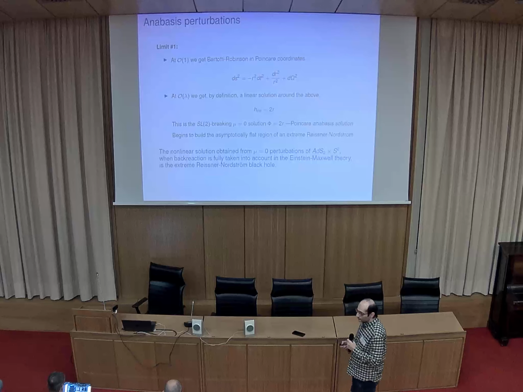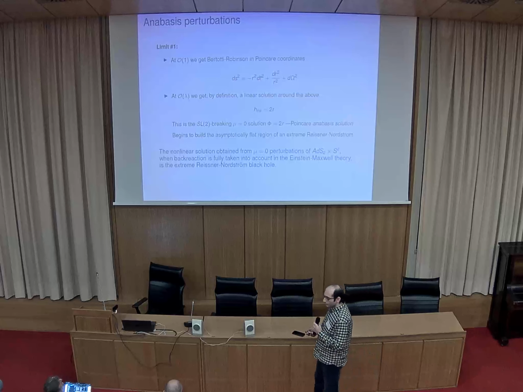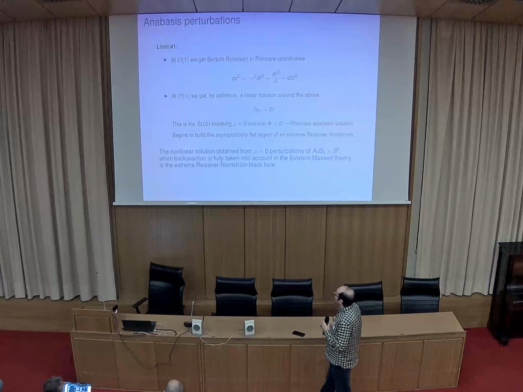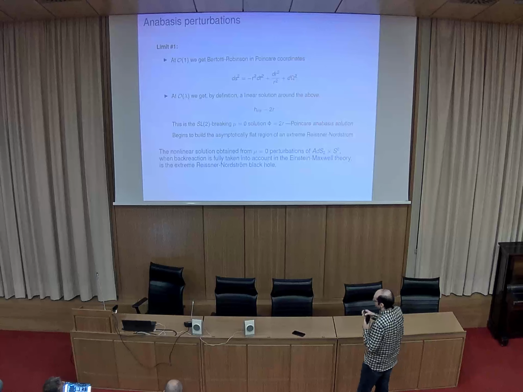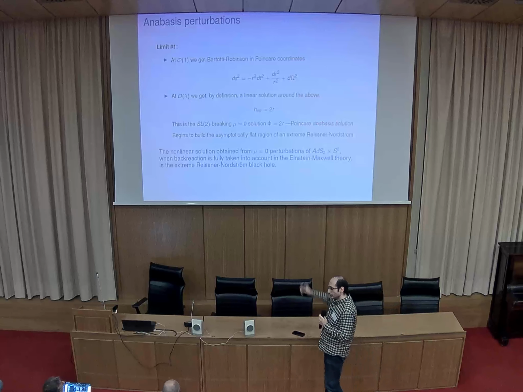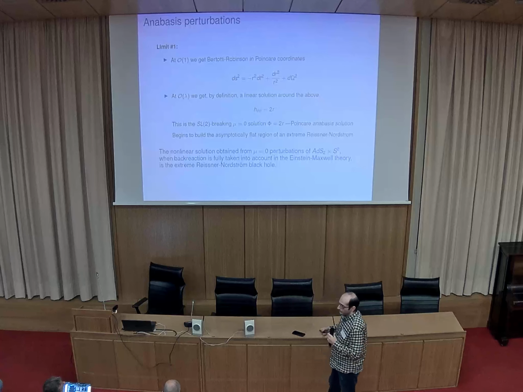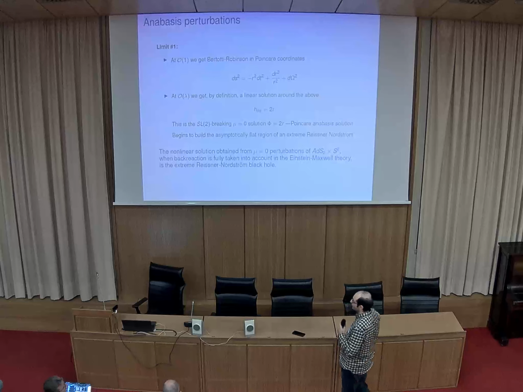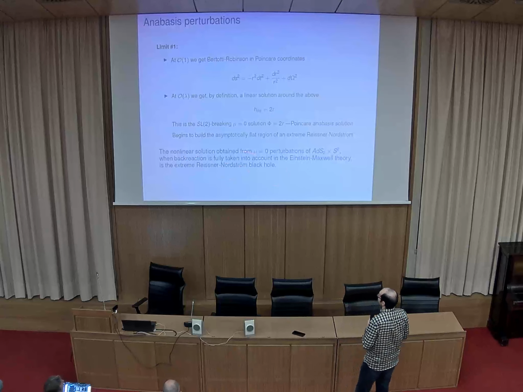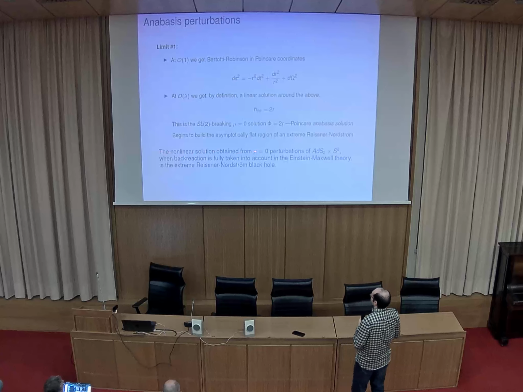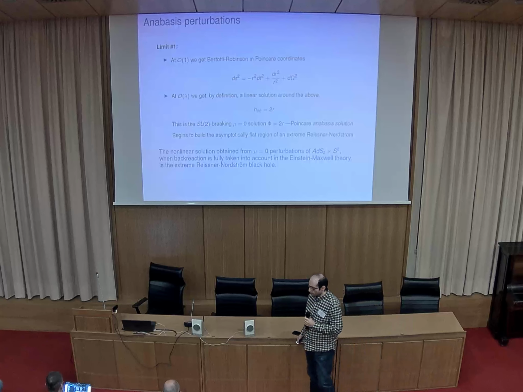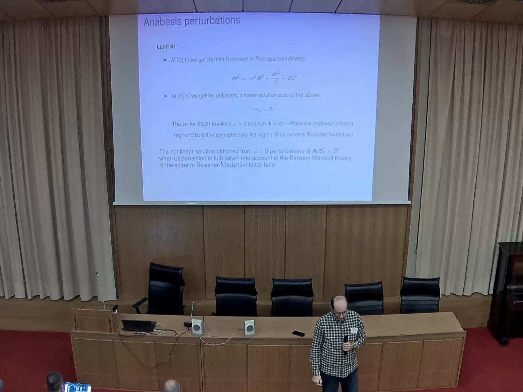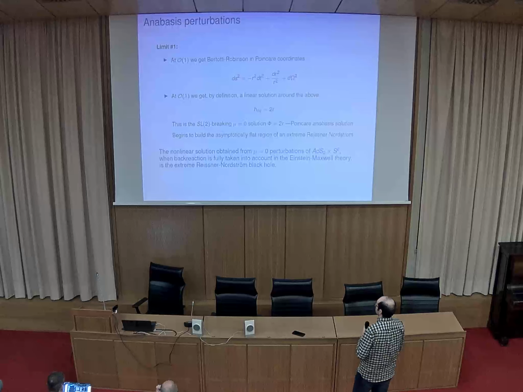So what this tells you is that the 2R solution, which is the canonical version of any mu equal to 0 solution, up to SL2 transformations, is just a solution which I call a Poincaré anabasis solution, because what it does, if you think of the limit in the opposite direction, is it begins to build the asymptotic region of the exactly extreme Reissner-Nordstrom starting from Bertotti-Robinson. So the lesson is the nonlinear solution obtained from any mu equal to 0 perturbation of AdS2 cross S2, when you take into account back reaction fully in Einstein-Maxwell theory, is an exactly extreme Reissner-Nordstrom black hole.